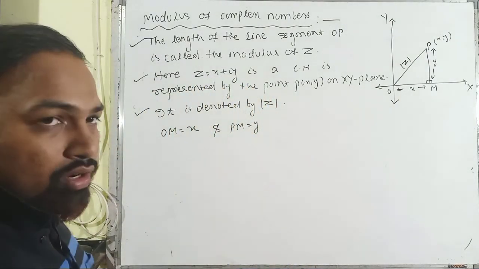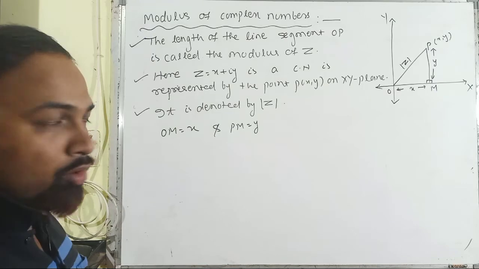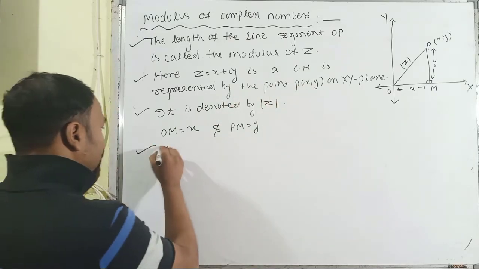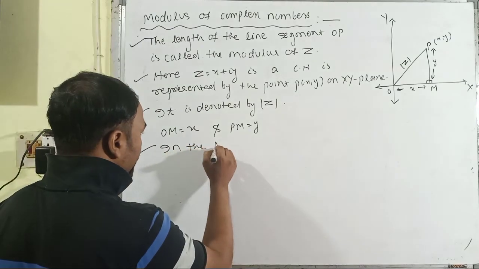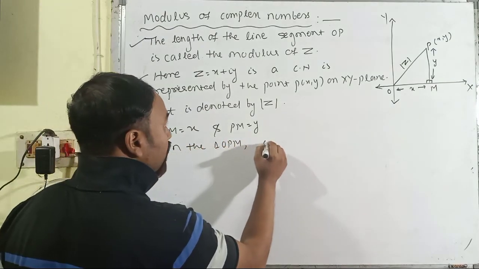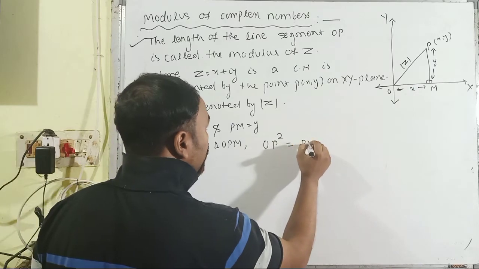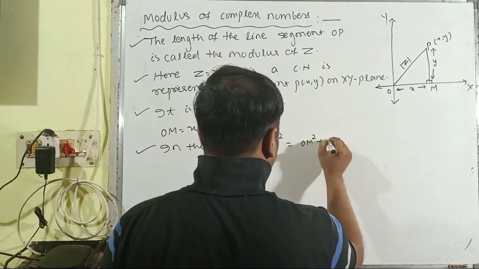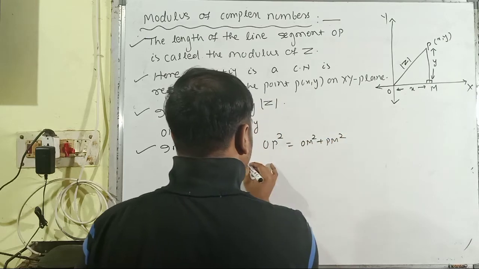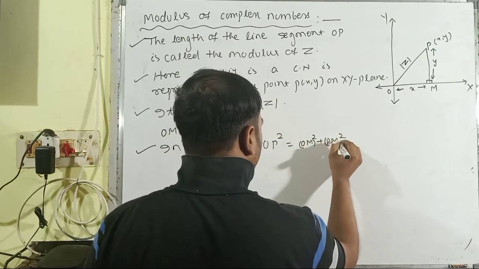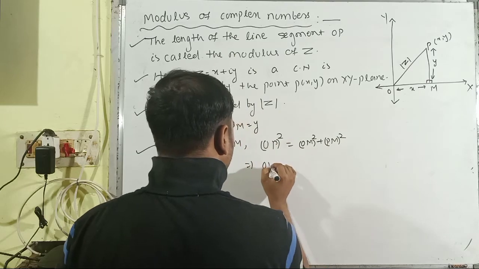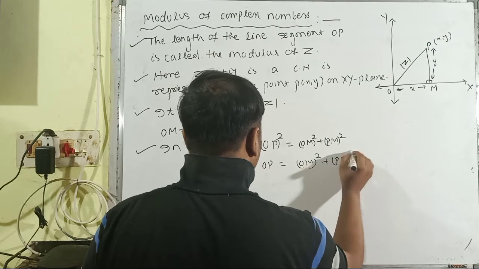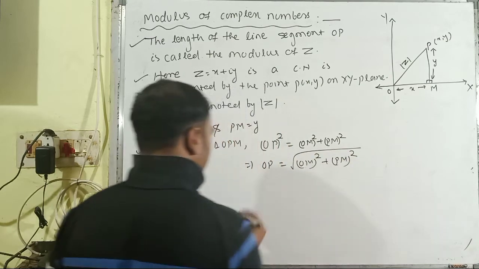Now we have to evaluate the value of modulus of Z here in the triangle OPM. In the triangle OPM, OP square is equal to OM square plus PM square. Then OP is equal to the square root of the sum of OM square and PM square.